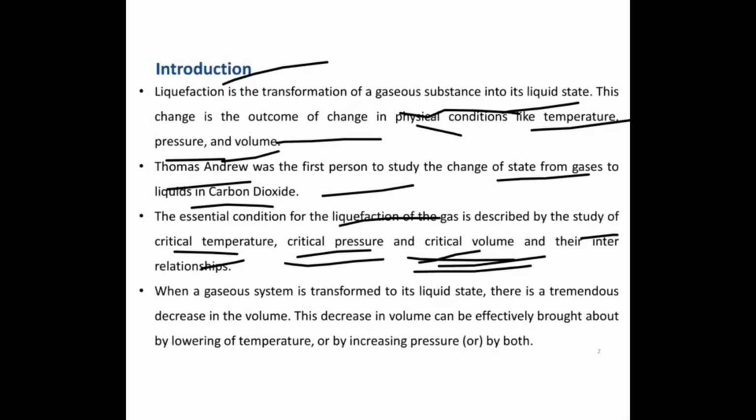Here, when the gaseous system is transferred into liquid state, there is a tremendous decrease in volume. When it is left to gas, the volume increases. When it is pressurized and kept under certain conditions, whatever gas you are taking, hydrogen, nitrogen or any other, it will occupy less volume as a liquid. So this decrease in volume can be effectively brought about by lowering temperature and increasing pressure.